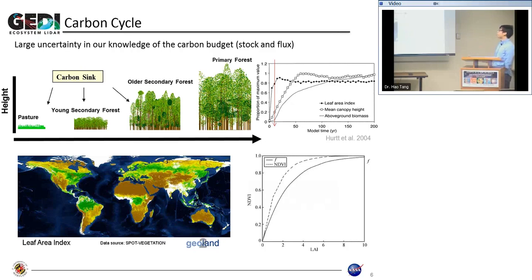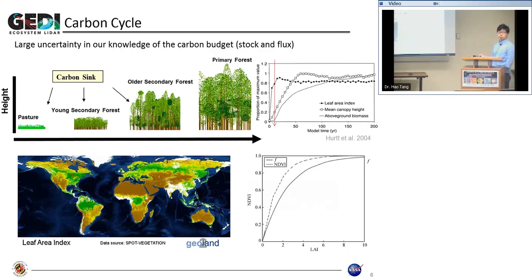What makes things more complicated is that for young forest, say young secondary forest or a little bit older secondary forest, the LAI can get pretty high at the early stage. Around 10 to 15 years, it already reaches 80% of the maximum. That really limits our current observation of the LAI and the capacity to assess carbon absorption.